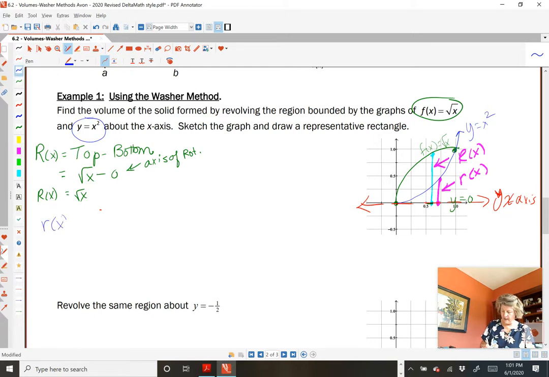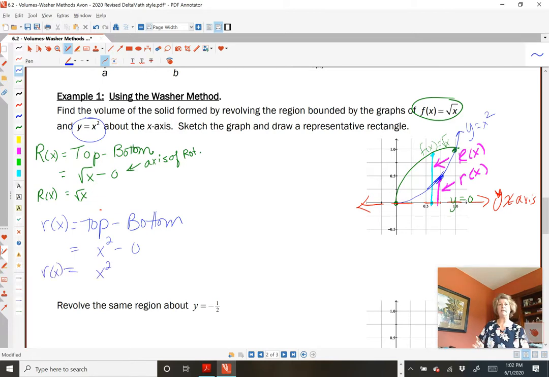Little r of x will be equal to, well, that curve, the top part of it's still top minus bottom, isn't it? I need to get the highest y value minus the smaller y value. And that function was the x squared function minus 0, because it comes back to our axis of rotation. So r of x equals x squared.